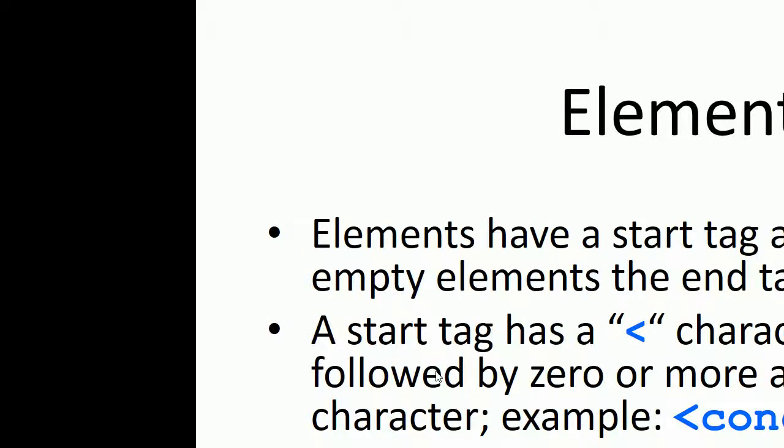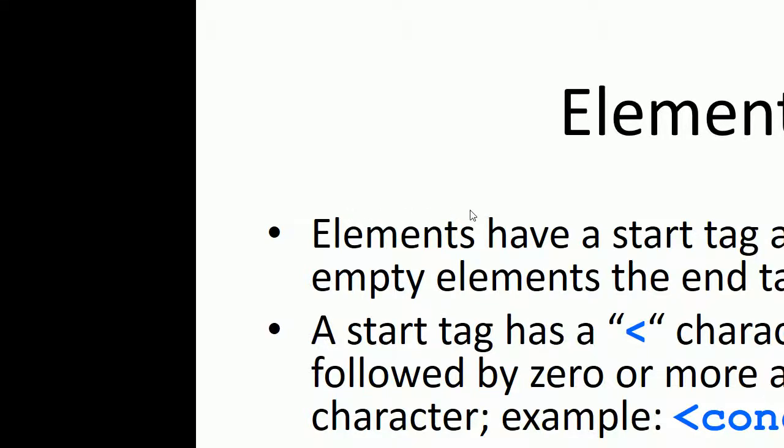So element versus tag. A lot of people talk about tags, so there's a difference. An element, they're actually both the same thing, but they're conceptually different. Elements have a start tag and an end tag. In the case of an empty element, the end tag is implied. The start tag has a less than character, followed by a name, followed by zero or more attributes, followed by a greater than character. And here's an example. We have a concept.